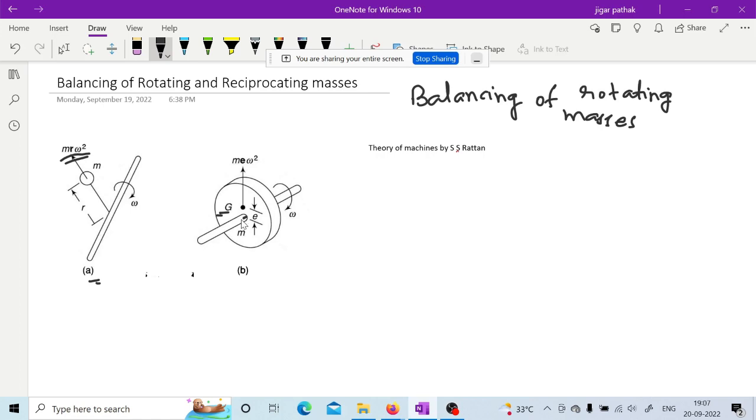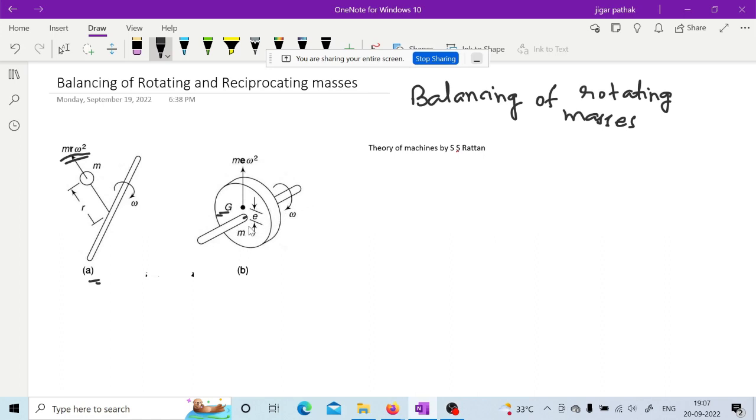We all know that during casting it may happen that during solidification some difference in density distribution may be there, and because of that the geometric center may have a little bit of eccentricity e. So because of that also you can have an unbalanced force, that is again the centrifugal force m e omega square. So this is how you can have some unbalanced forces present in a rotating element.